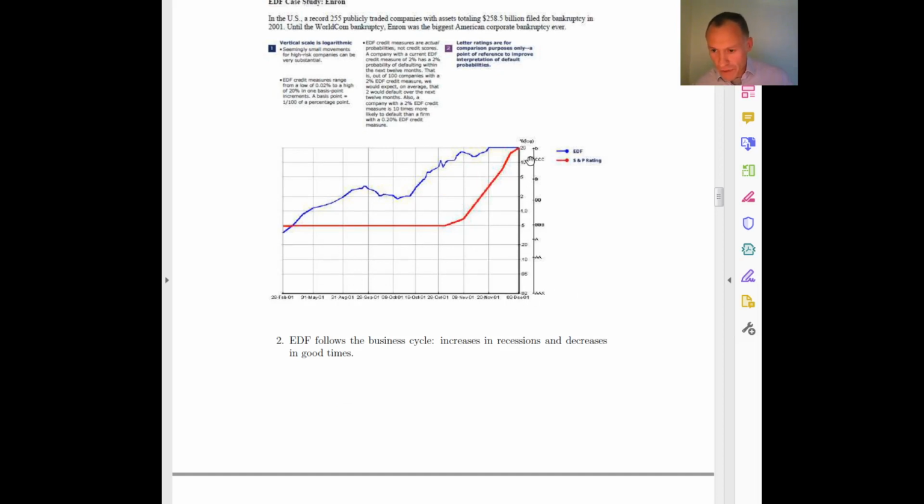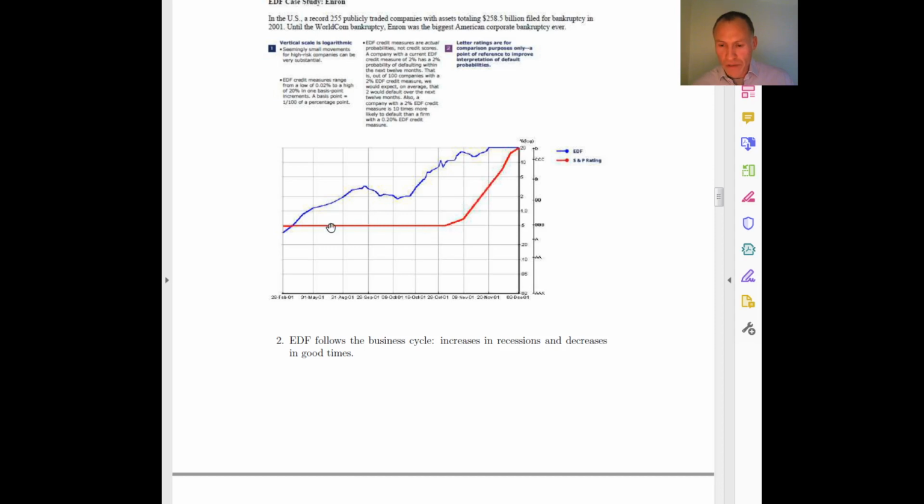the date of default here at the end of the scale, December 2001, and then here this is about 1 year before that. So what you observe, the red line is the S&P rating, and it's flat until October, so a couple of months before default, and then it rises very quickly to default, right?